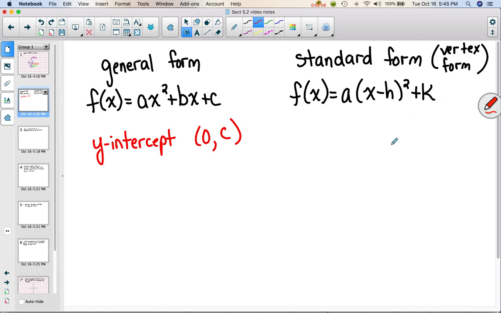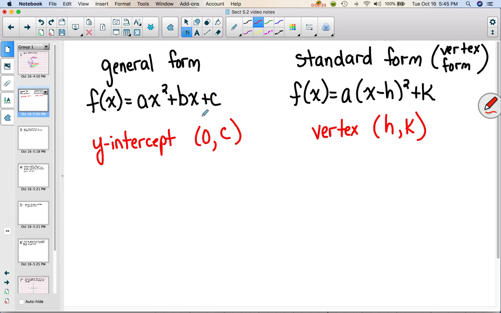That's not the y-intercept. However, the vertex is very easy to find if it's in standard form, which is sometimes why it's called vertex form, and the vertex is just the coordinates (h, k). So depending on the format you have it in, it's going to tell you different things. If you wanted to find the x-intercepts, then you set the function equal to 0.